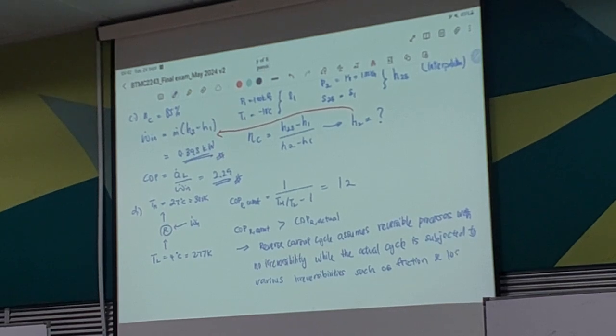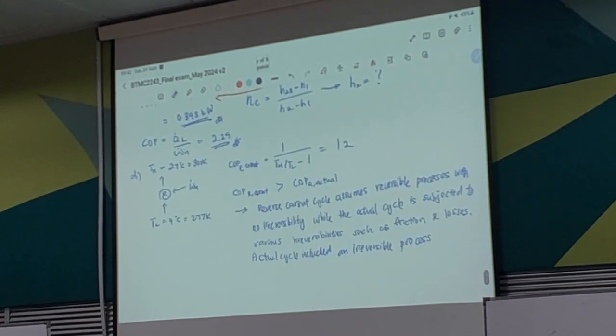Also, not to forget that the actual cycle also included an irreversible process. Okay, my sentence is not complete, so which is the throttling process.